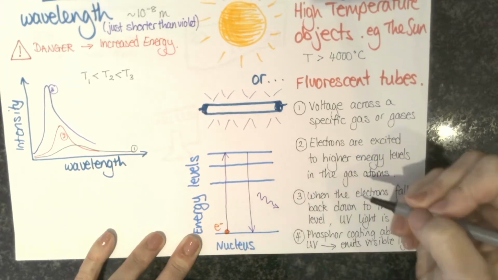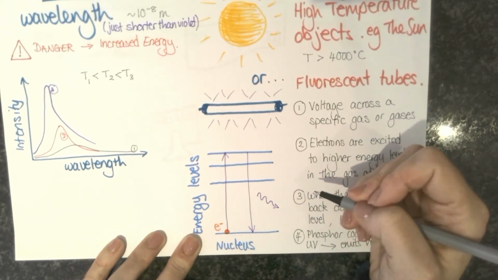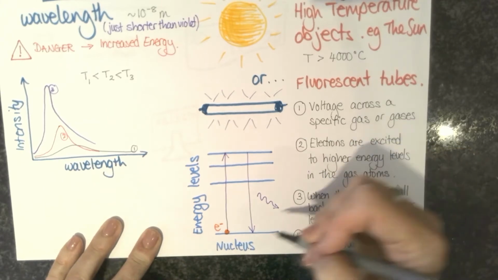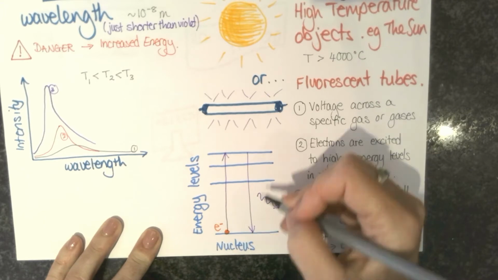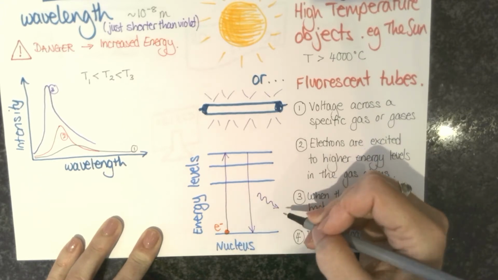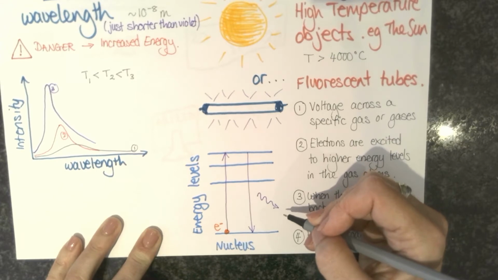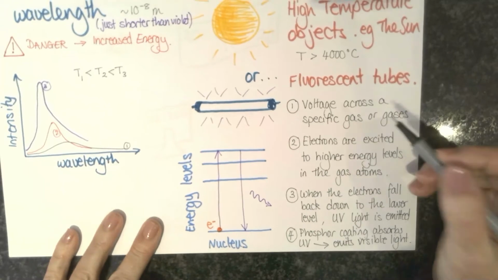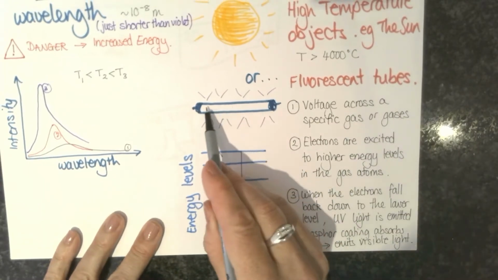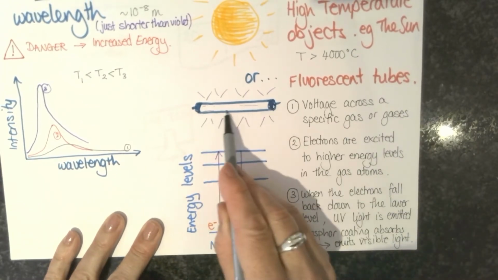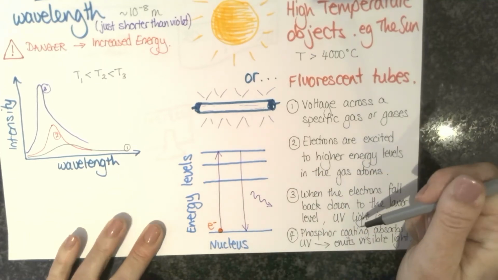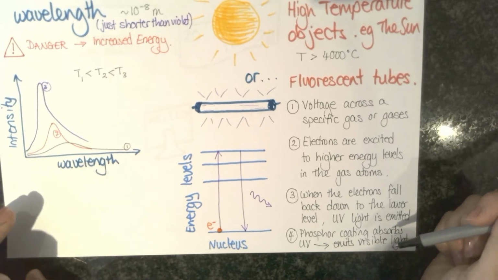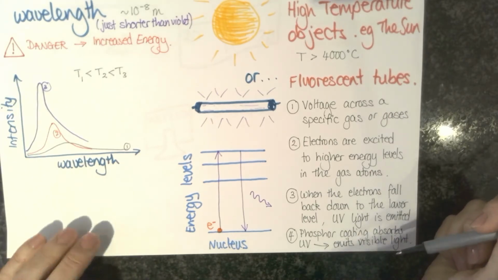And what we find in the gases like mercury and neon and argon, if we have a mix of those, is that the energy that is emitted corresponds to an ultraviolet electromagnetic wave. Now what actually happens in the fluorescent tube is that that phosphor coating that I said was on the outside of the tubes absorbs that ultraviolet light, and then it re-emits it as visible light. And so that is how your fluorescent tubes work.